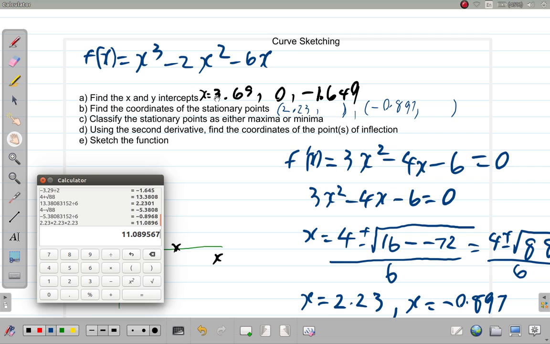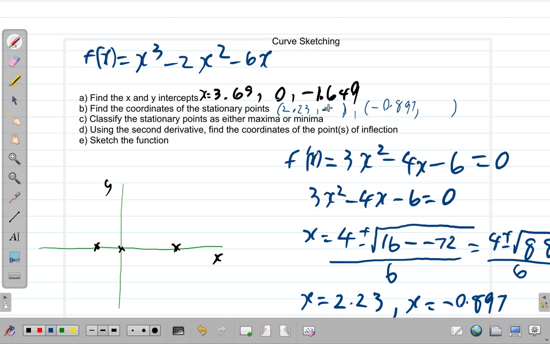Alright, minus 2 times 2.23 squared equals that, minus 6 times 2.23. We get negative 12.24. So we have negative 12.24.